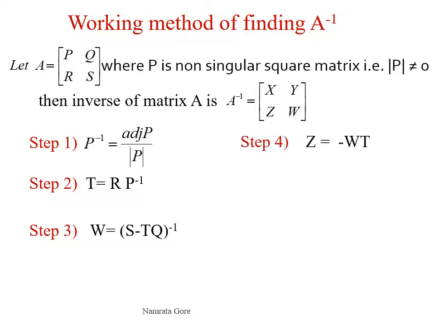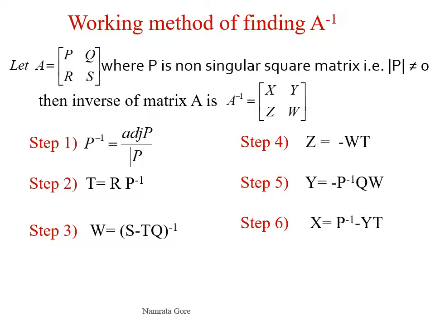In step 4, Z equals minus WT. So W from step 3 multiplied by T from step 2 is used here. Step 5: Y we get as minus P inverse QW. P inverse can be taken from step 1, Q from the matrix, and W from step 3. Step 6: X is P inverse minus YT.